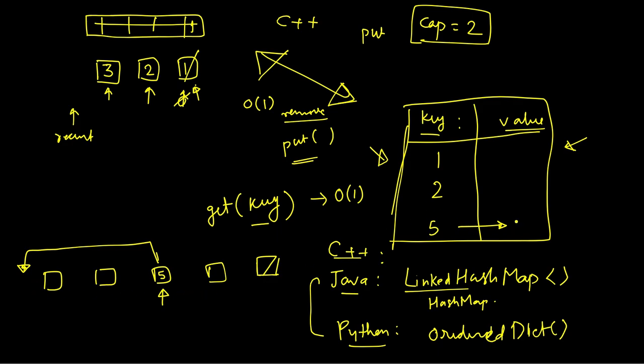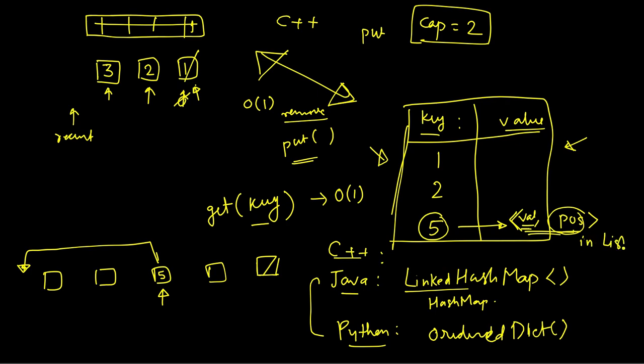So we need to somehow store the value and also the position where this element is in the list. So you keep track of not just value, but also position in list, both things. So key is one integer, value is a pair of the value corresponding to this key and the position in the list.